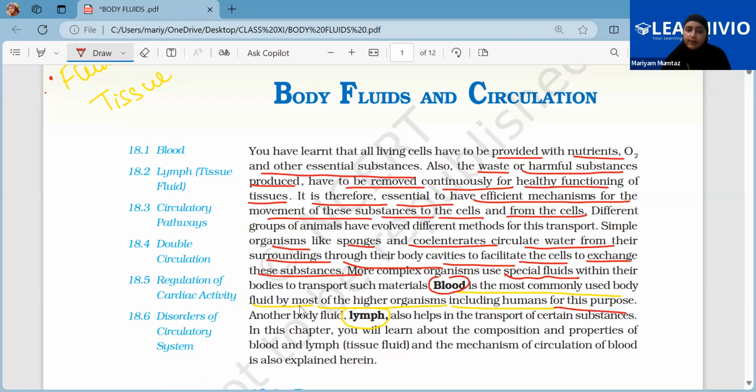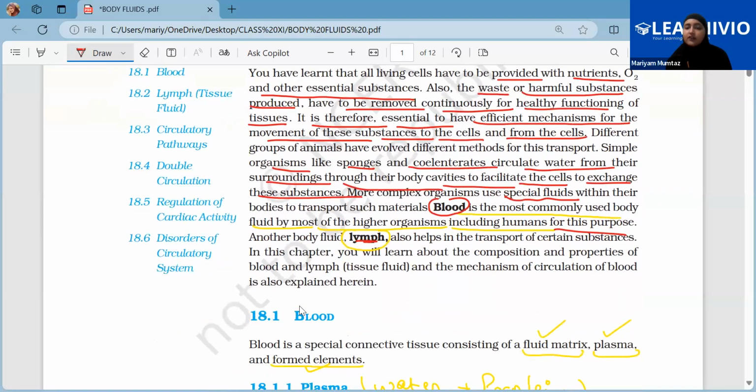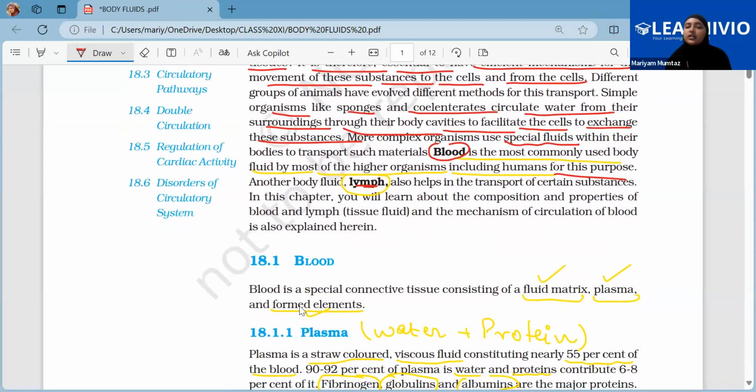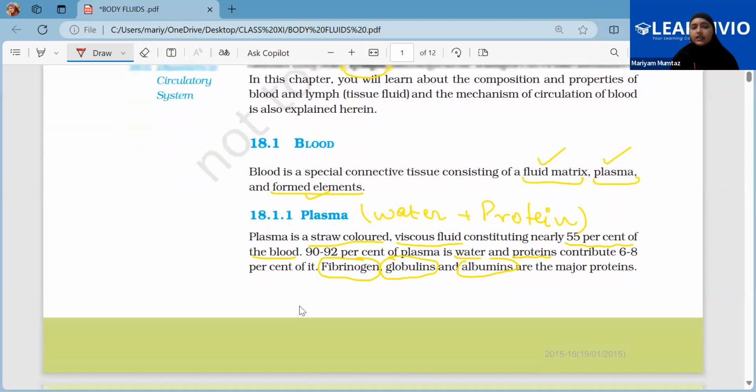Another body fluid is lymph, a colorless fluid used for the transportation of certain substances. In this chapter, you will learn about the composition and properties of blood and lymph, which is also known as tissue fluid, and the mechanism of circulation of blood.